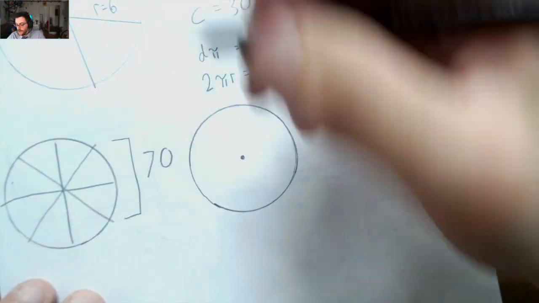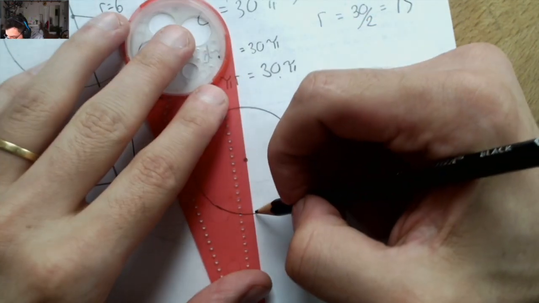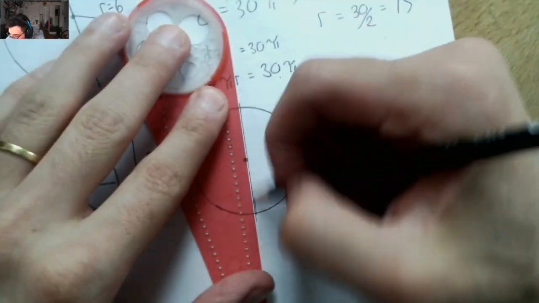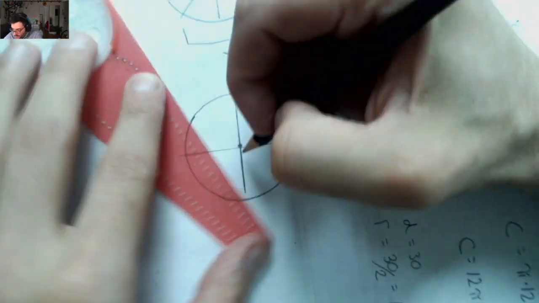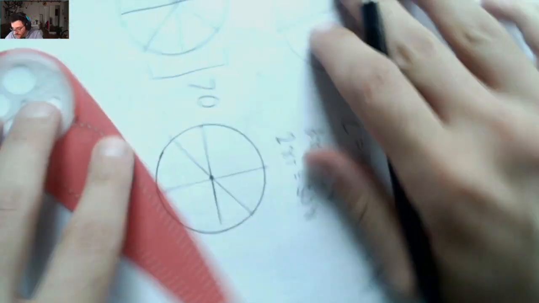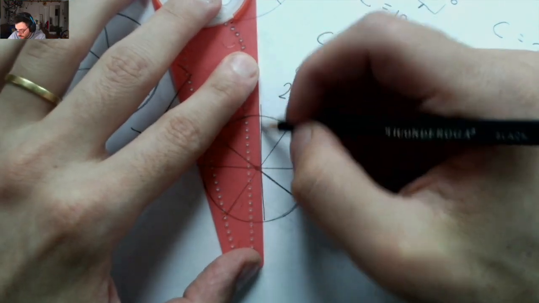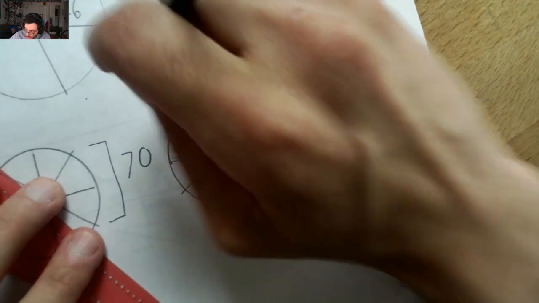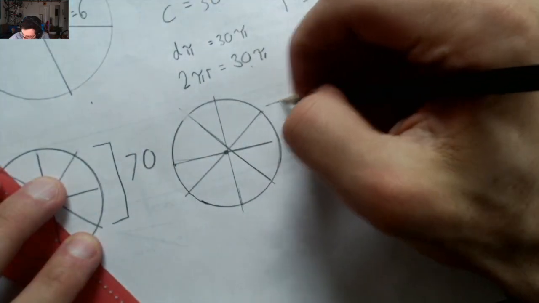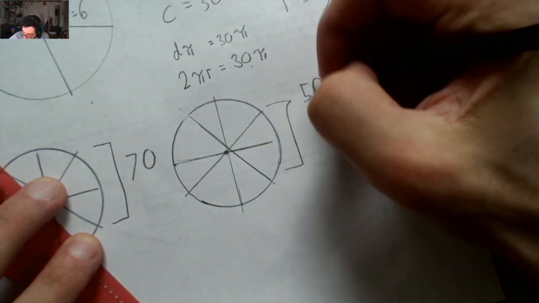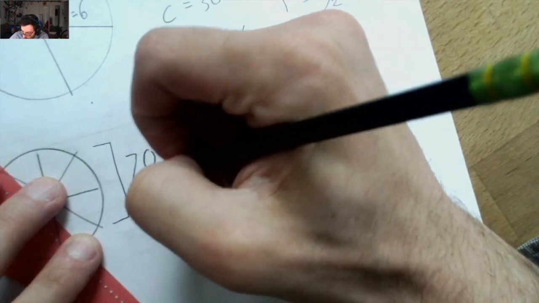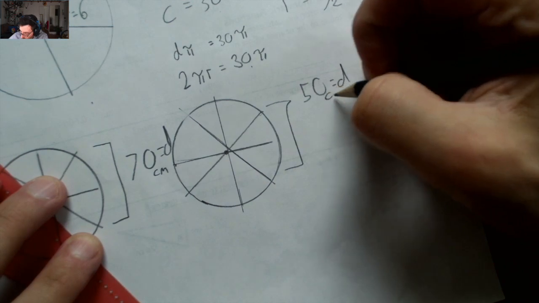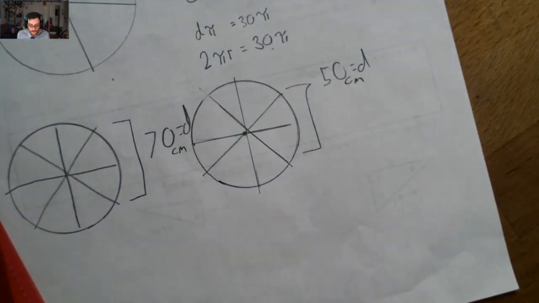I drew these slightly different. They almost look identical though. But we'll imagine that artistic ability coming out, and we'll say we have two different size tires here. So this one's going to be 50 for our diameter, 70 for our diameter, and we can go ahead and say centimeters for our figures.